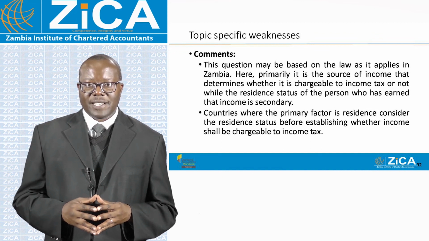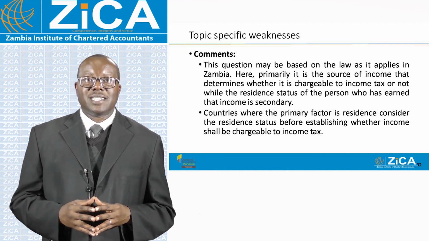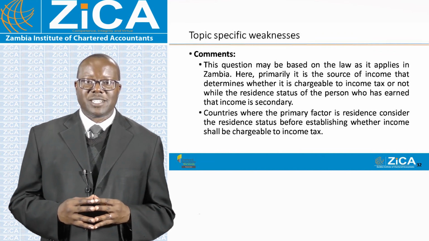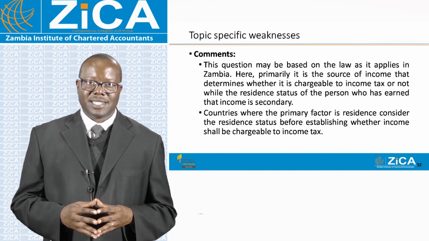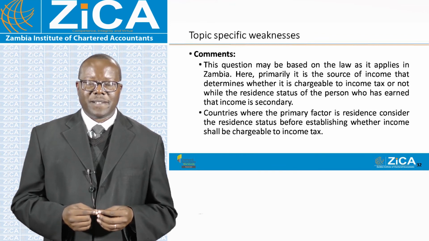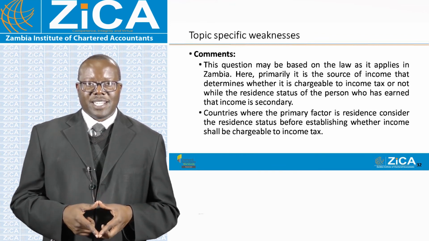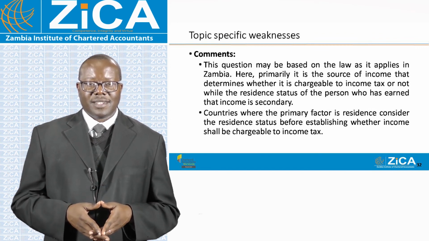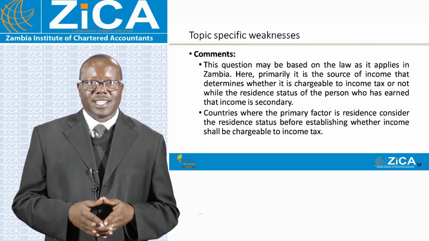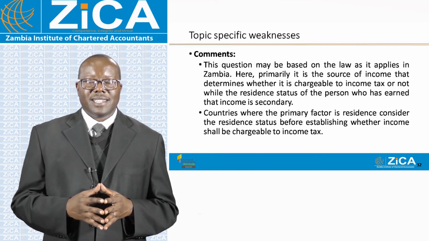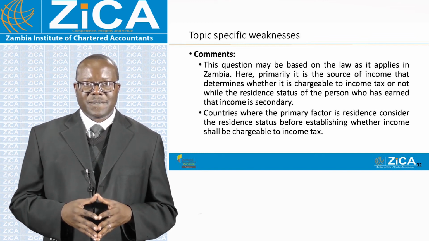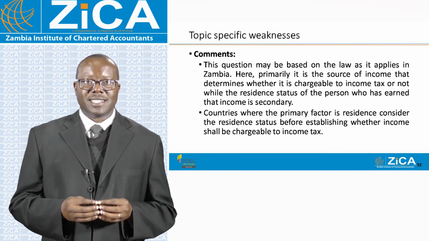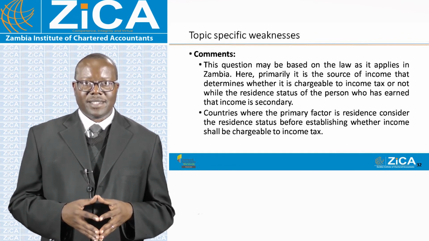Countries where the primary factor is residence consider the residence status before establishing whether income shall be chargeable to tax. So here in Zambia, if income is derived from a Zambian source, it is taxable. And if the income is derived from a deemed Zambian source, it is taxable if the person who has earned it is resident in Zambia.